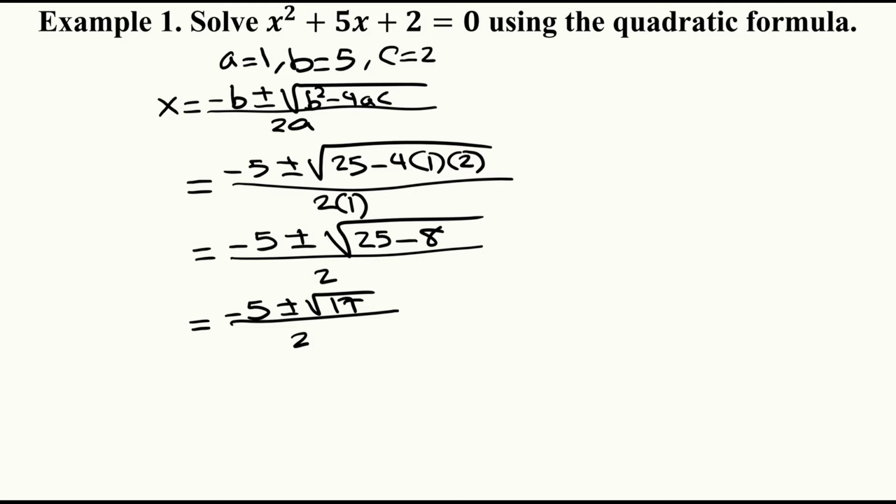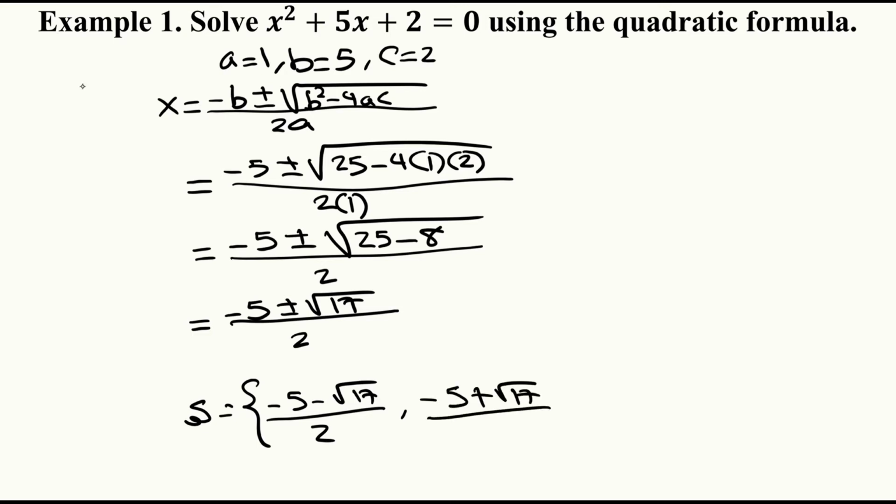Now, just to make sure we understand that's two separate solutions, once we write our solution set, we're going to list it separately. Negative 5 minus square root of 17 over 2, comma, negative 5 plus square root of 17 over 2. And there is the solution set for this particular problem.